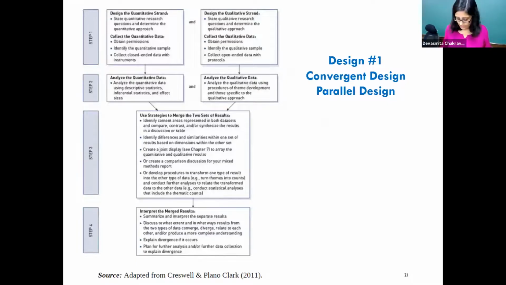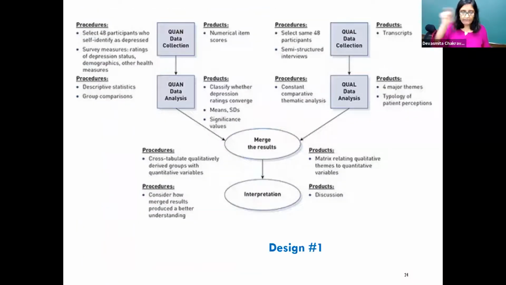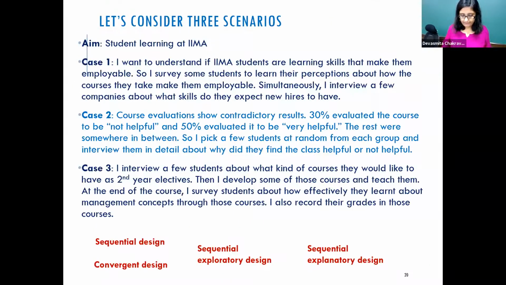So if you see here, the mixing is happening at the merging of results and the interpretation, which makes it a convergent design. Think about this case. This is not a research study, but I collected data from student surveys. I collected data from companies. And during the interpretation, I merged the two to see what makes students employable.